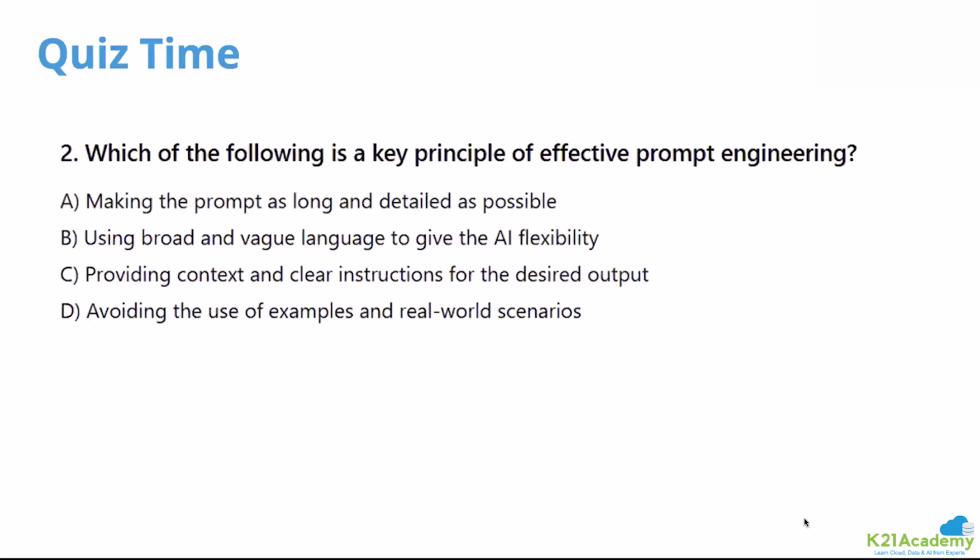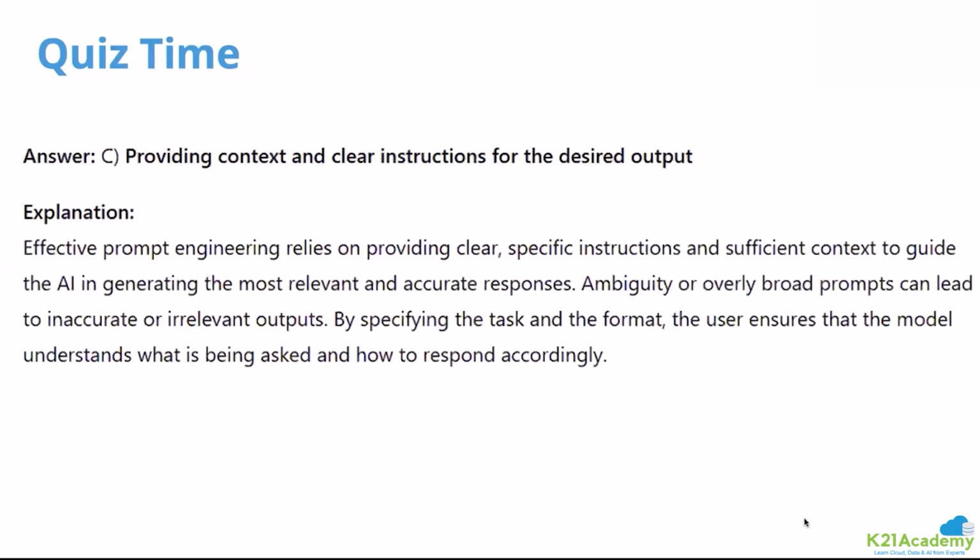Now let's break the rule of thumb, which we have all been told, that the answer is always B. Which of the following is a key principle of effective prompt engineering? Okay, good. We have seen an answer which is different, and all of you are intact.